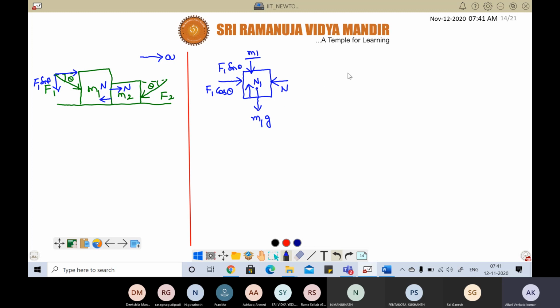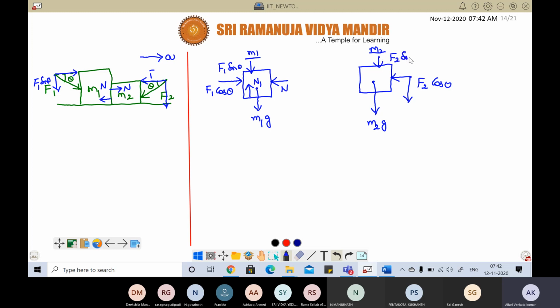Same way for block M2, the same thing. First force is M2g vertically downwards. Then F2 will have two components, F2 cos theta and F2 sin theta. I'll shift this one here because it is in the y direction.